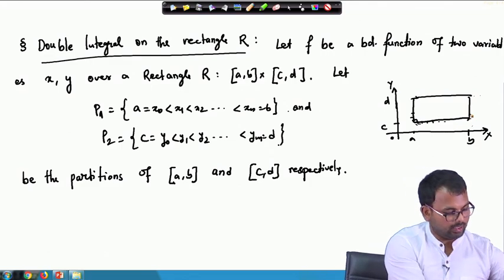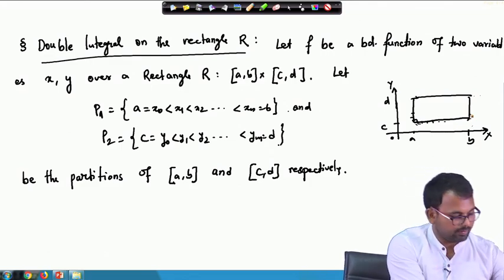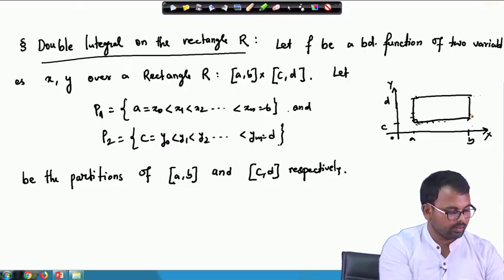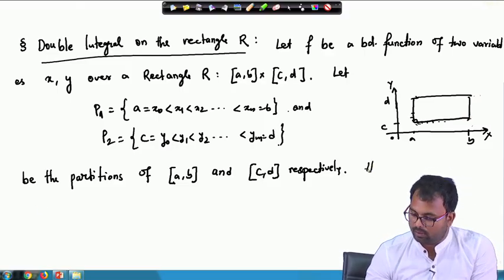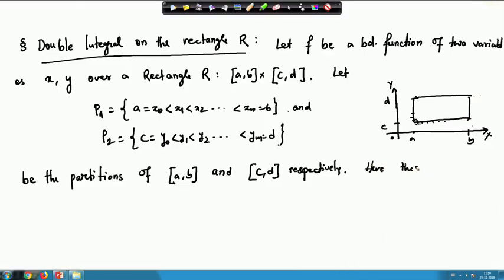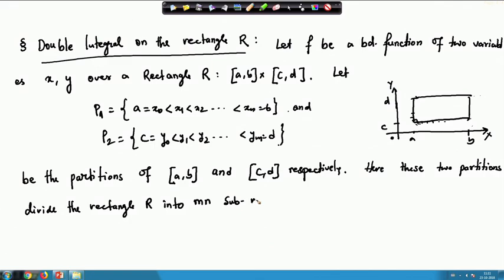So, these two partitions divide the rectangle R into m times n sub rectangles.